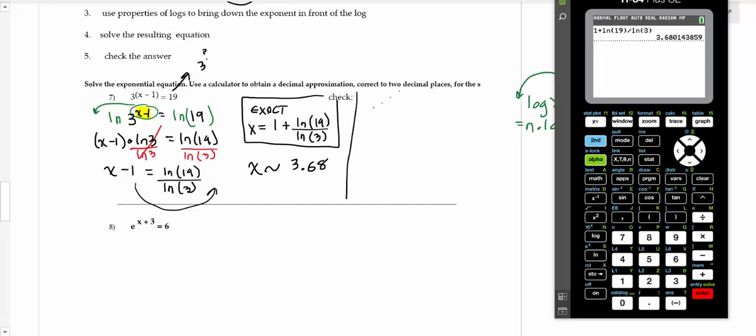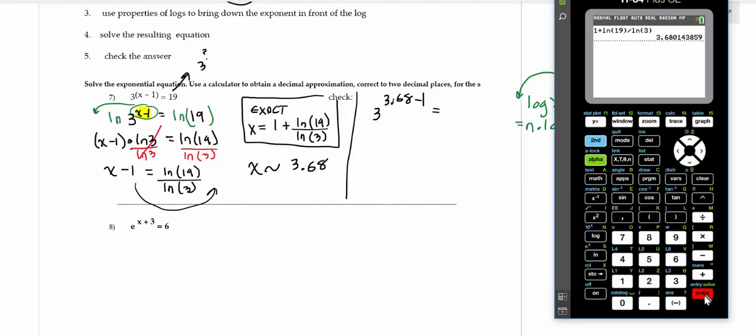For checking on this one, it's just as easy to use the decimal to check. I'll take my calculator and do 3 to the power of 3.68 minus 1.